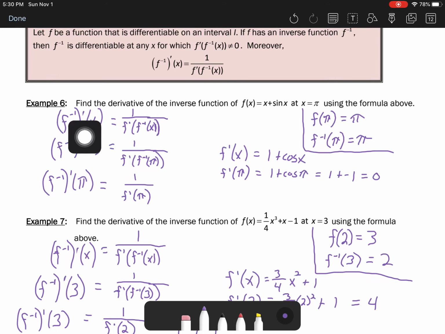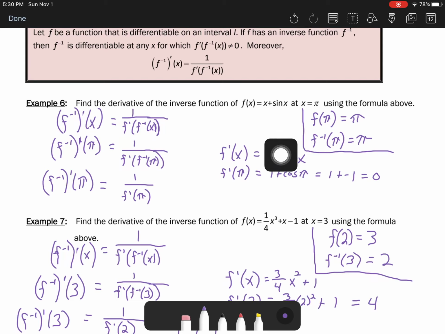Same formula: the derivative of the inverse is 1 over the derivative of f, evaluated at f inverse of pi, which still turns out to be pi, because it ends up being the same x and y coordinate on the original and on the inverse. So I still take the derivative of what I've got here.